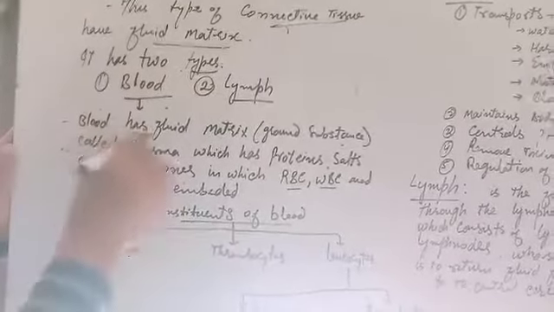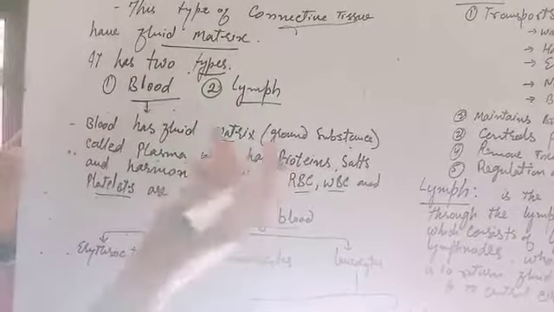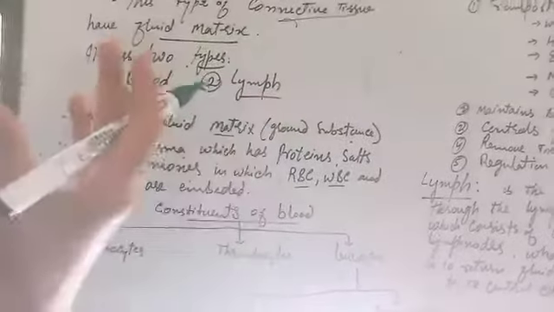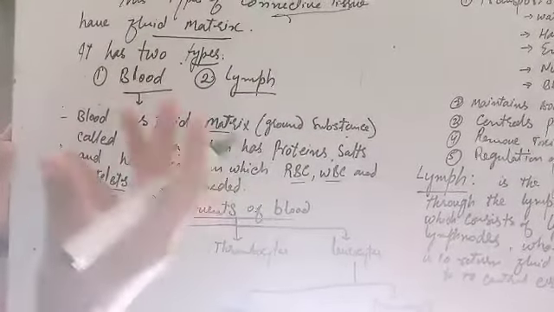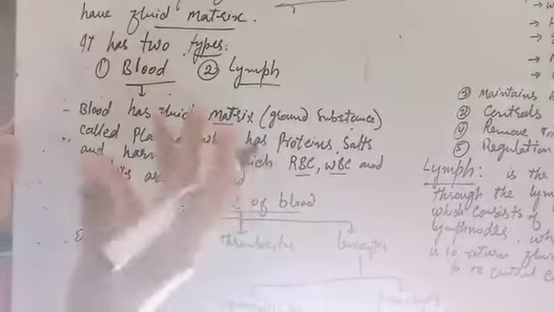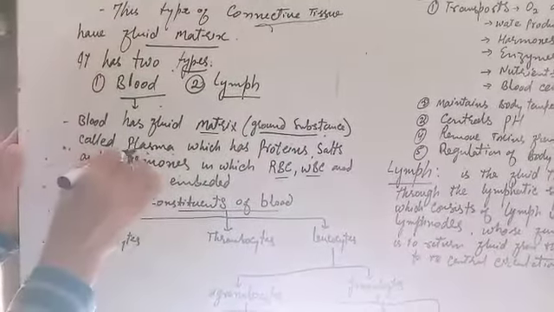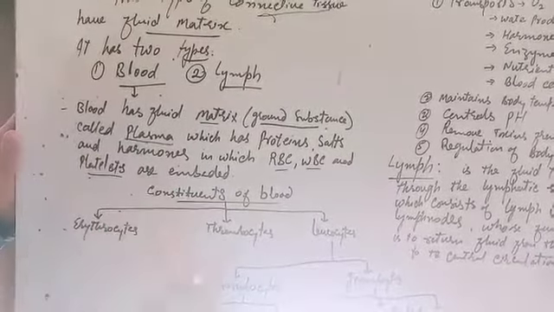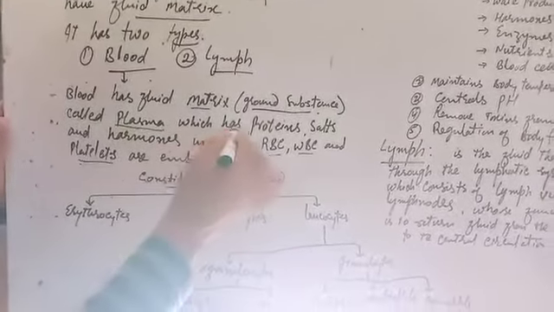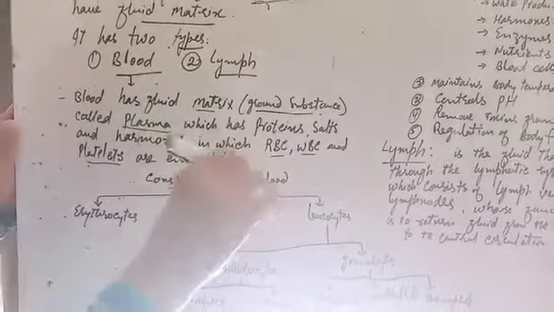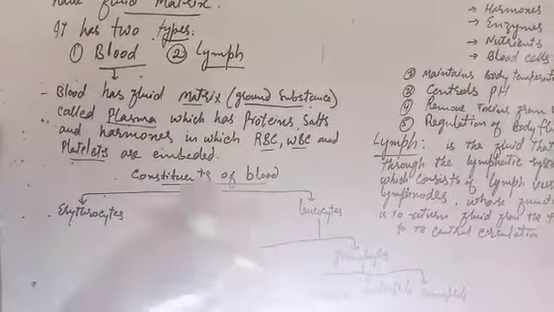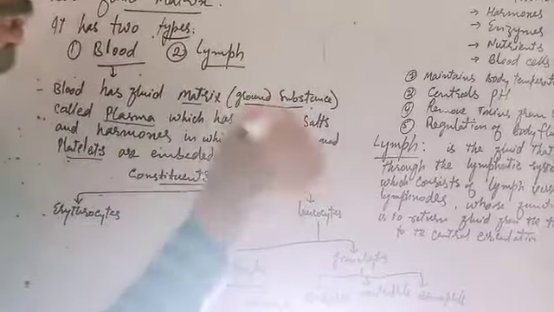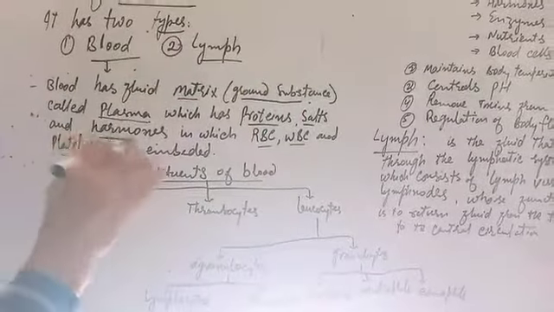Blood has a fluid matrix. That means the matrix in which the cells are present is fluid, watery. This matrix is a ground substance called plasma. Plasma is formed of water plus proteins, salts, and hormones.